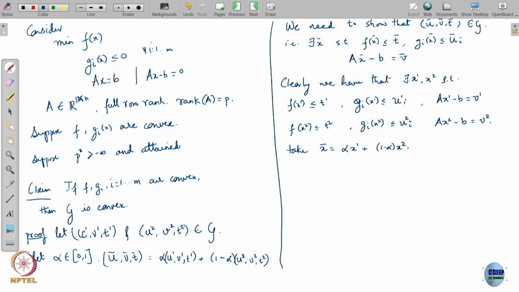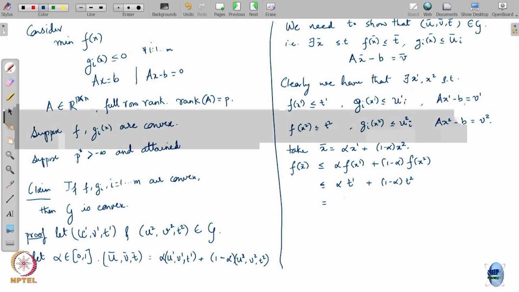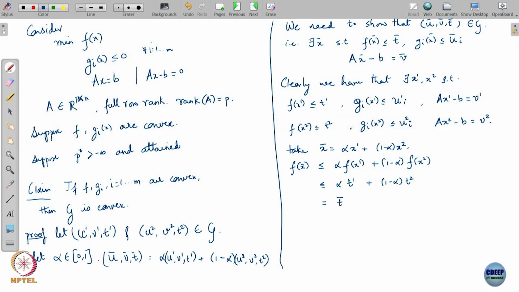In that case, what would I get? Well, f(x bar), since f is convex, is less than or equal to alpha f(x1) plus (1 minus alpha) f(x2), and that itself is less than or equal to alpha t1 plus (1 minus alpha) t2, and that is simply t bar. Okay.